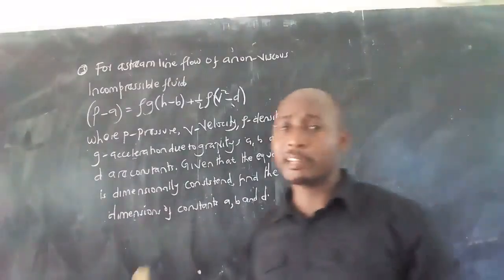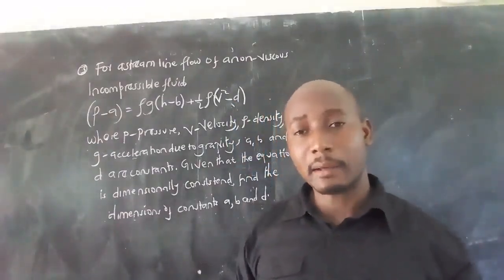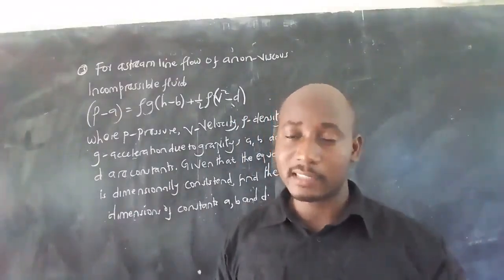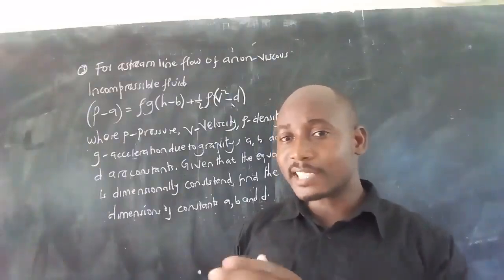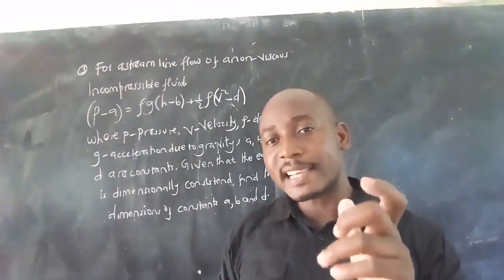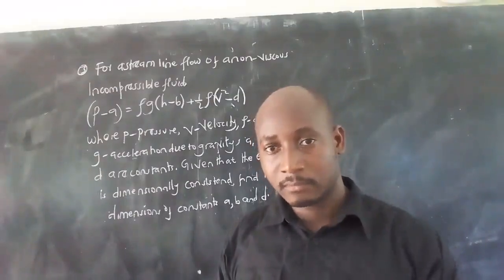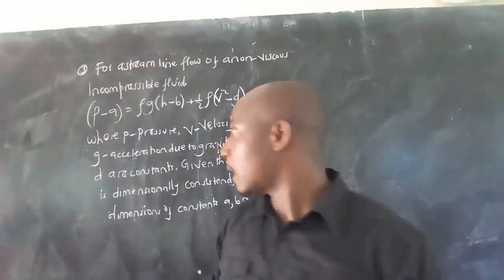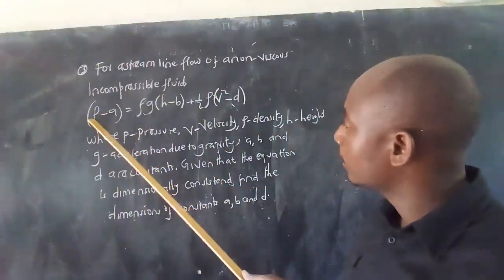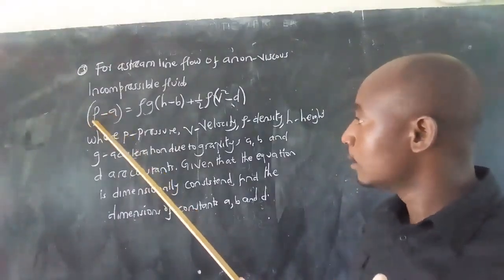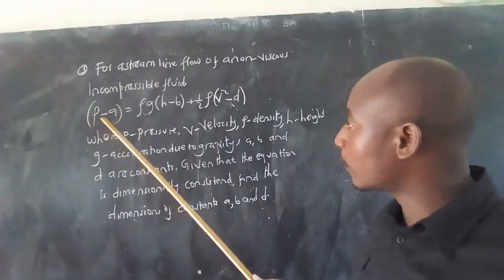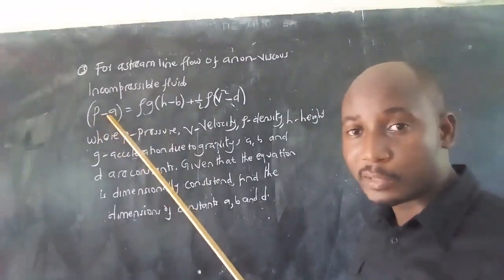Okay? A, B, and C. When I say that constants are dimensionless, correct, they are dimensionless. But these constants here, I'm referring to constants which don't have units. Now, since we have pressure P minus A, obviously A must be pressure, because you cannot subtract quantities of different units.